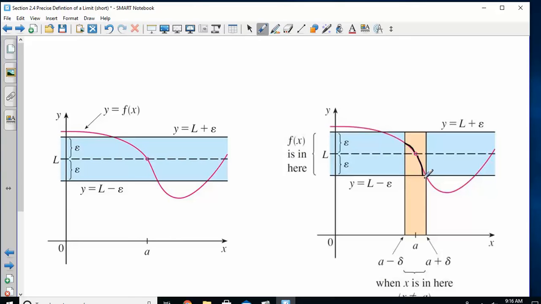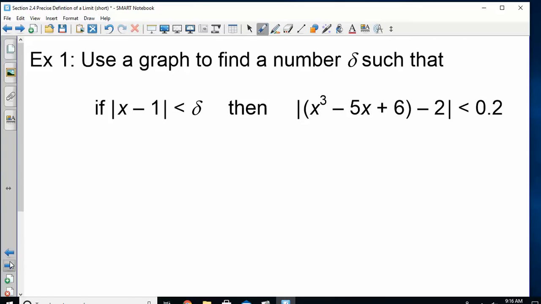Okay, we're going to walk through some. This first one, we're just going to look at a graph a little bit to see if we can get an understanding, and then we will talk about how to actually do one. So, use a graph. You need a calculator. Get your Chromebook or your calculator out, please.